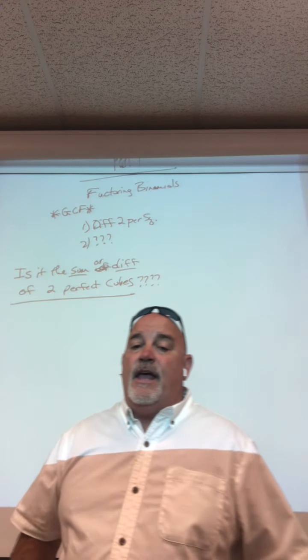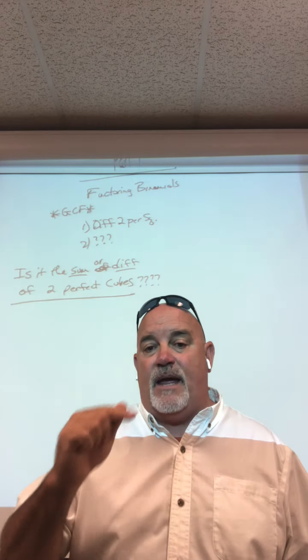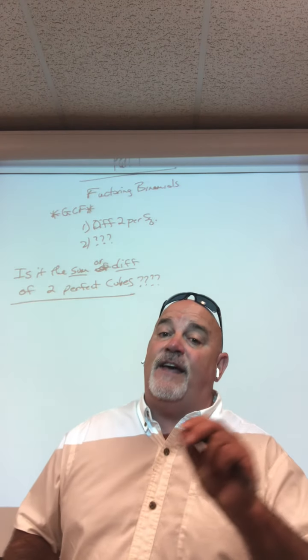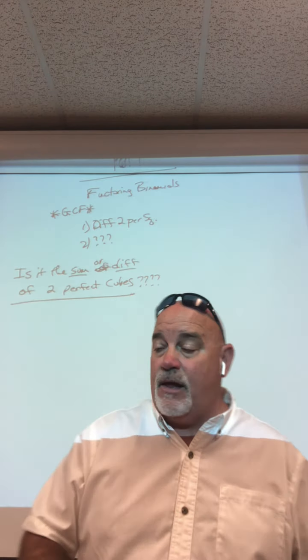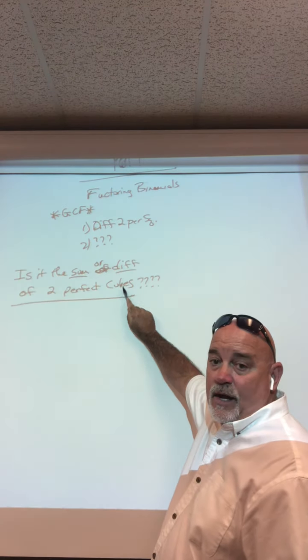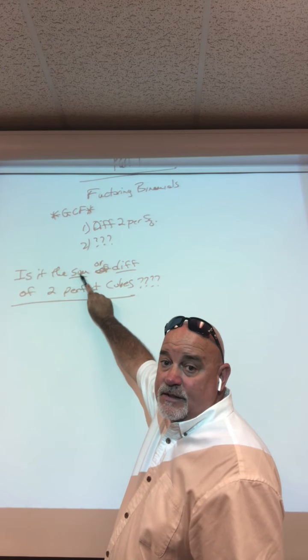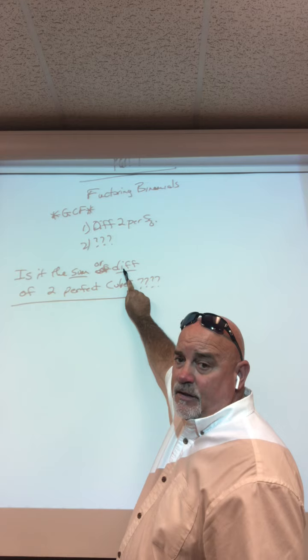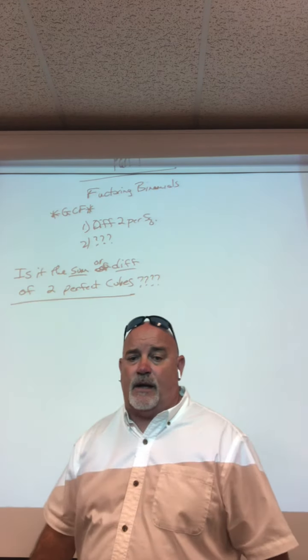That means it doesn't always have to be a minus. With perfect squares, it has to always be a minus. But with perfect cubes, it can be a plus or a minus. Now, you say, well, Mr. Arnold, I don't know what that word right there means. That's what I want to talk to you about.